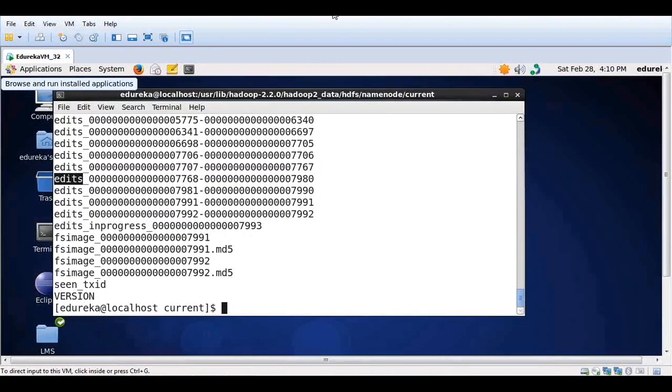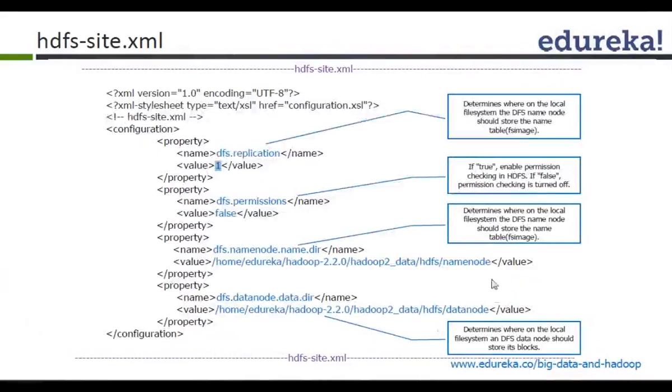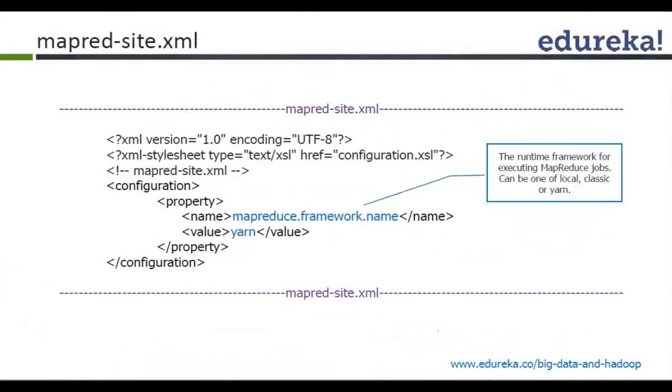So what we saw right now was a quick way of looking at the different things. Now let me go back to my PDF. Now, if you go down to the next component that we have, the XML file, that is mapred-site.xml. mapred-site.xml will have the name of the framework that you are going to use for processing.